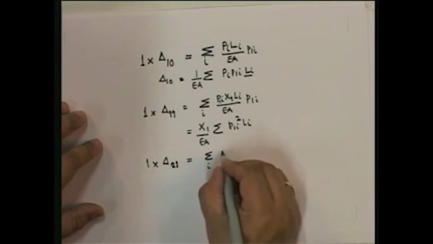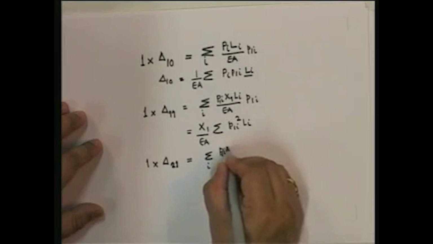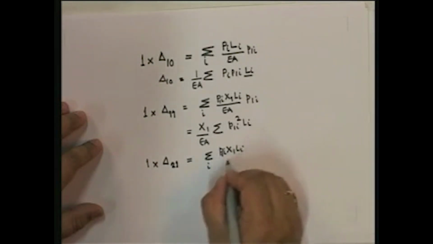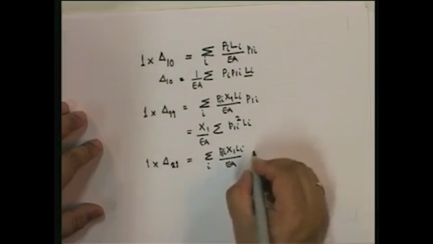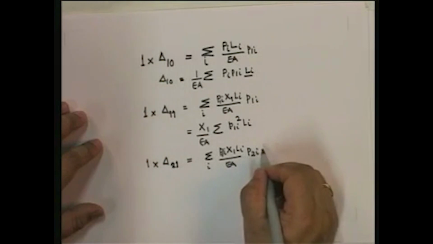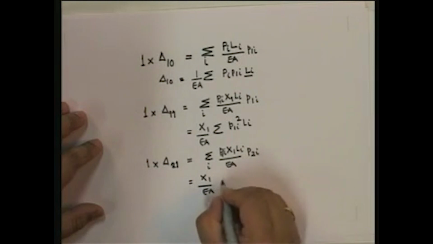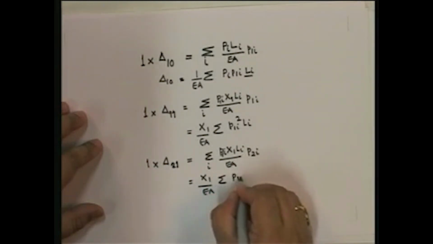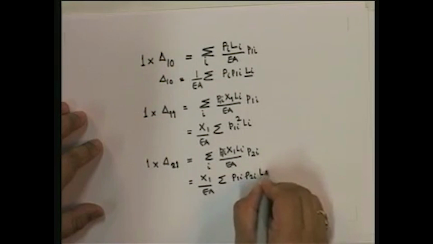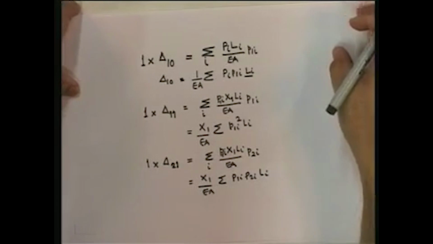The real load is P1i into x1 into Li upon Ea, and the virtual load is P2i, because that's the displacement you are finding. If I put this in, I get x1 upon Ea summation P1i P2i Li.